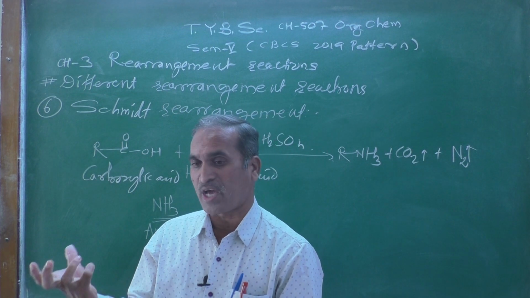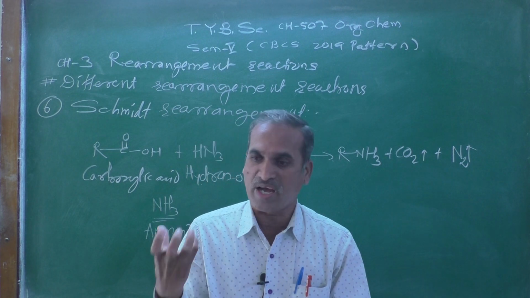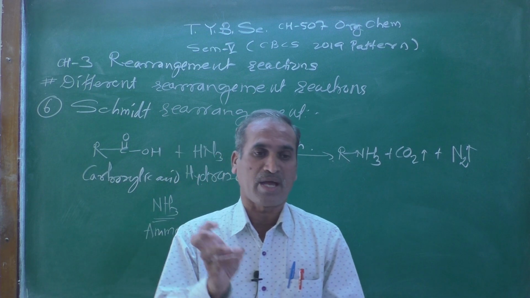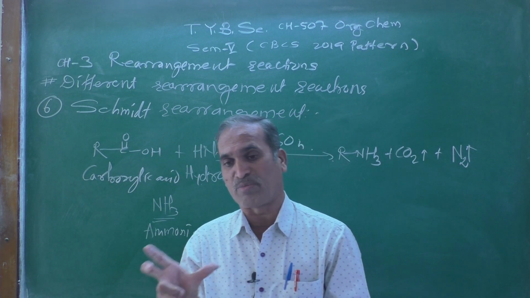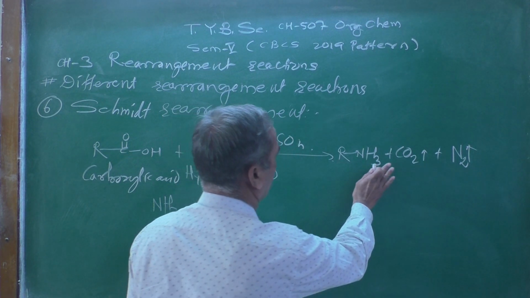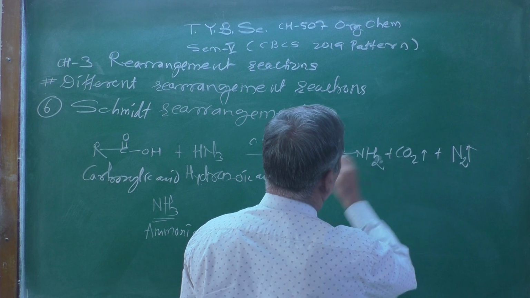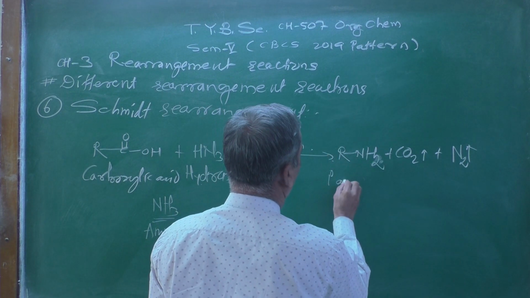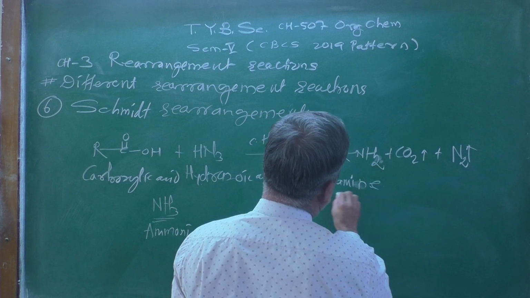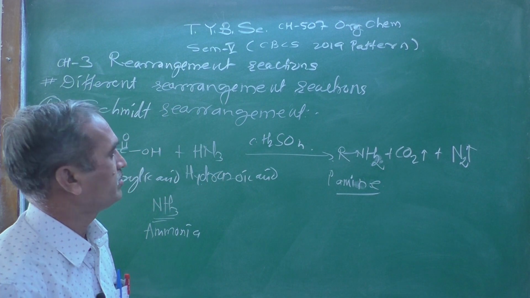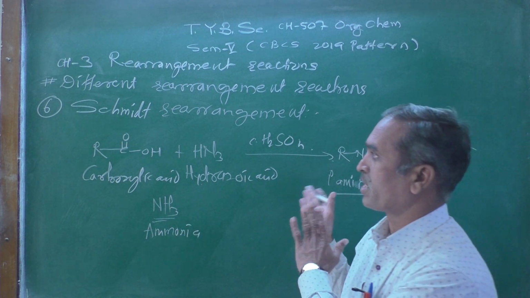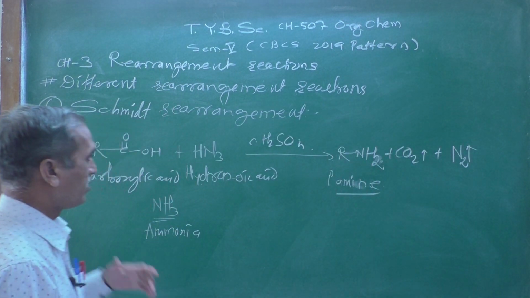That intermediate can be isolated, but a transition state cannot be isolated. Here, remember, it is not NH3 but NH2, and this is known as a primary amine. A primary amine can be obtained by this, and the overall reaction is called the Schmidt rearrangement reaction.